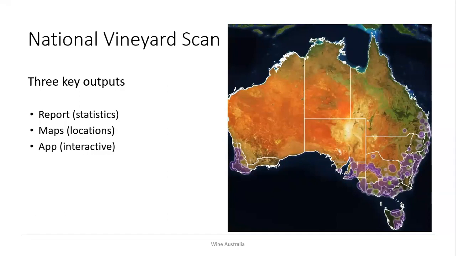which has as its main objective to get a really good foundation data set of all the vineyards in Australia, including where they are and what they are by variety and their area. The National Vineyard Scan is the first part of that, and we engaged Consilium Technology to do the National Vineyard Scan on our behalf, and that included developing this very sophisticated computer model that could look at satellite imagery and analyse it and detect vineyards by looking at the imagery.